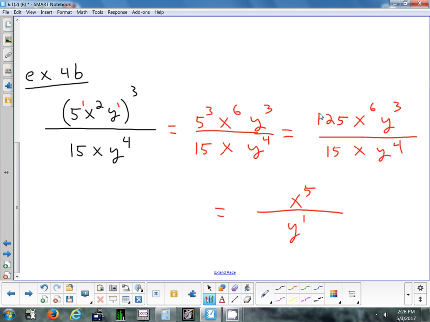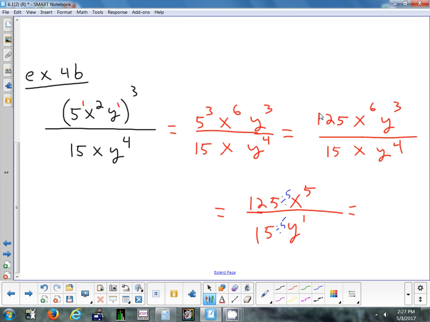Now what? Bring over the numbers. Yep, we already did the x's. Okay, does anybody see a number you can divide 125 and 15 by? 5. So it's going to be divide by 5.